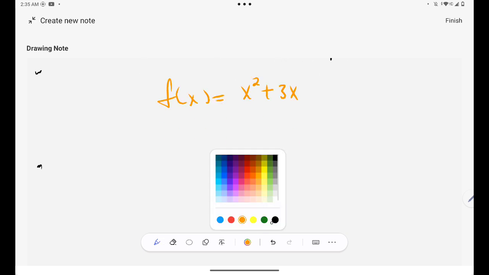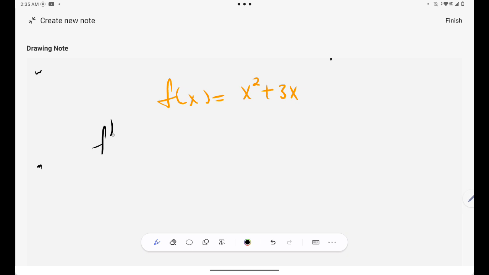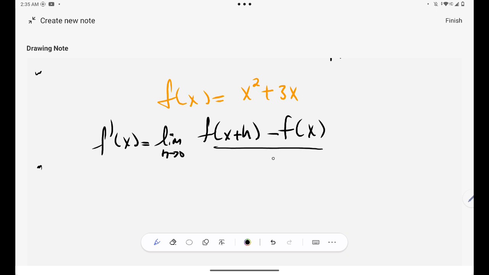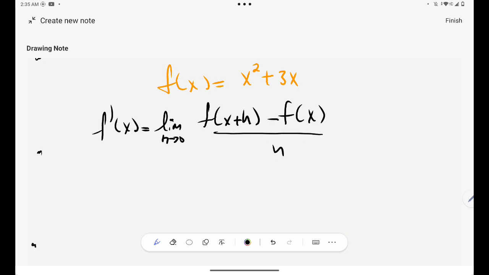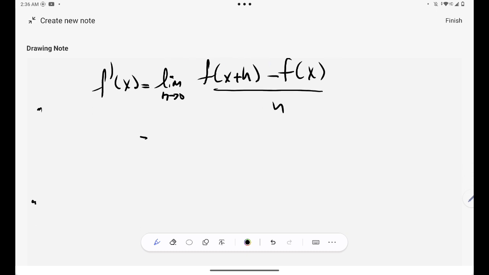I know that f prime of x will be equal to the limit as h approaches 0 of f of x plus h minus f of x all over h. Whenever I say f of x plus h, it simply means that on f of x, whenever I see x, I must put x plus h.